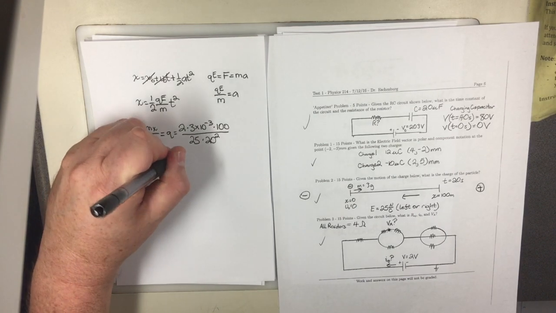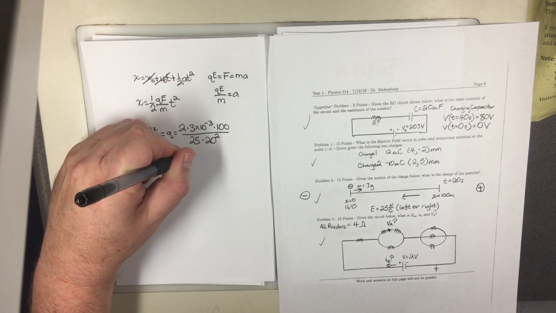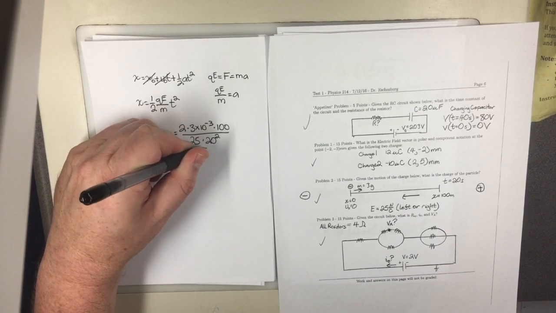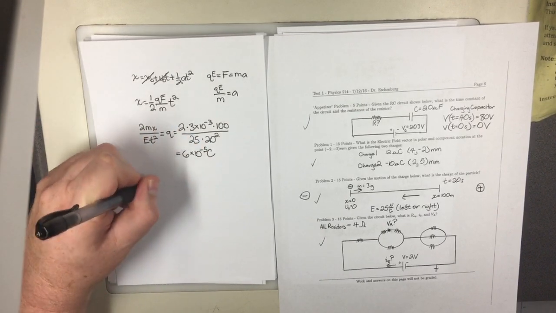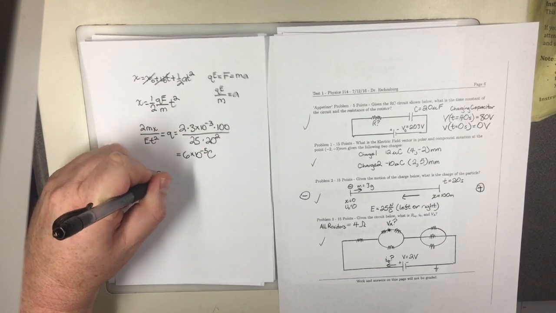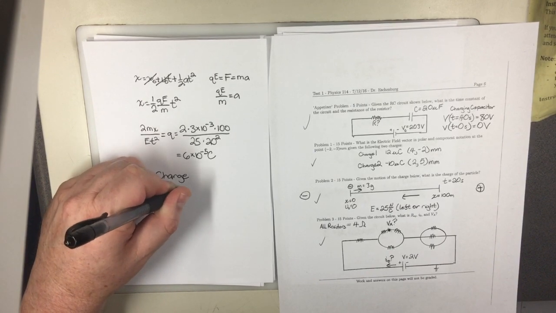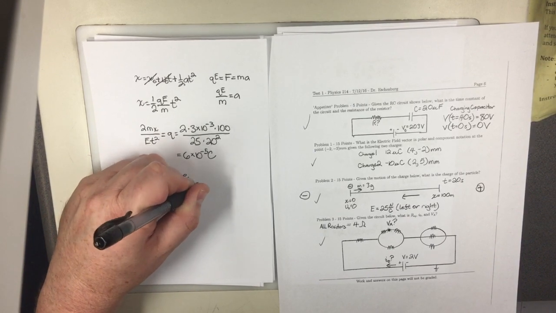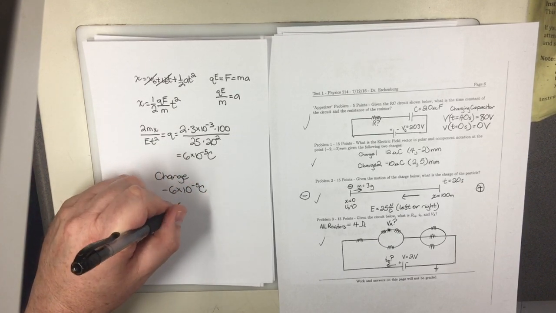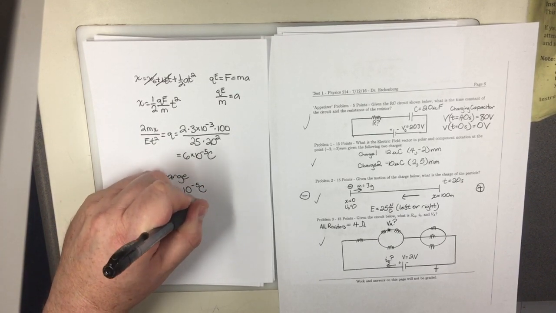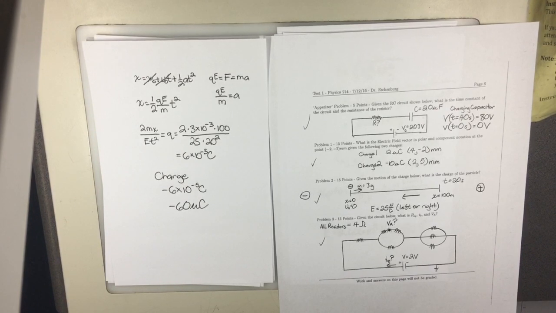And that gives me a charge magnitude of 6 times 10 to the negative 5 coulombs. So the actual charge is negative 6 times 10 to the negative 5 coulombs, or negative 60 microcoulombs. Probably what we'll do is we'll just accept coulombs as the final answer.